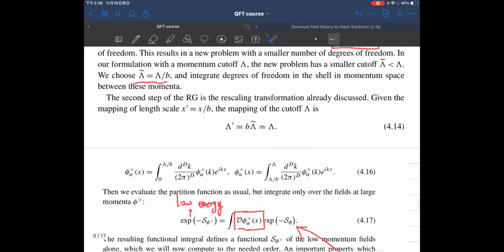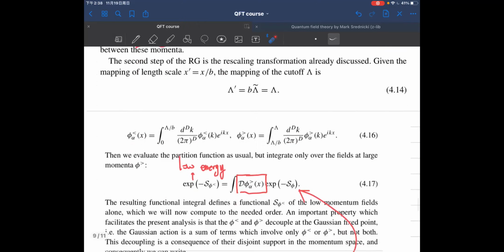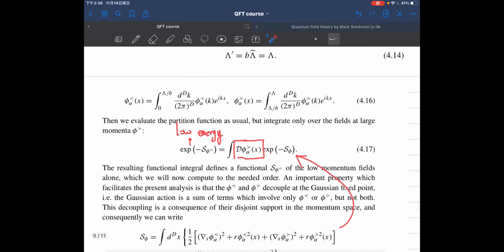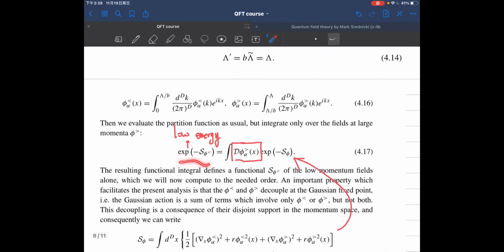We just divide the field into two parts. One part is for the low energy and one part is for the high energy. Then when you calculate the path integral, you just integrate out the high momentum field. Then you get an effective theory for the low energy physics.